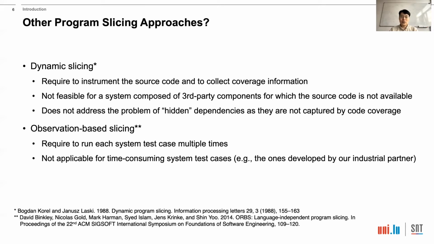There is also observation-based slicing, which is different from dynamic slicing, but which requires running each test case multiple times, in a trial and error fashion, to decompose the system test cases. But if the system test execution by itself requires at least 1 or 2 hours, then you obviously cannot apply this, for efficiency reasons. So again, this is not applicable.